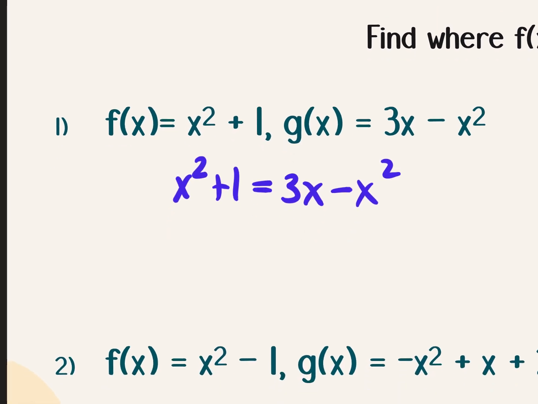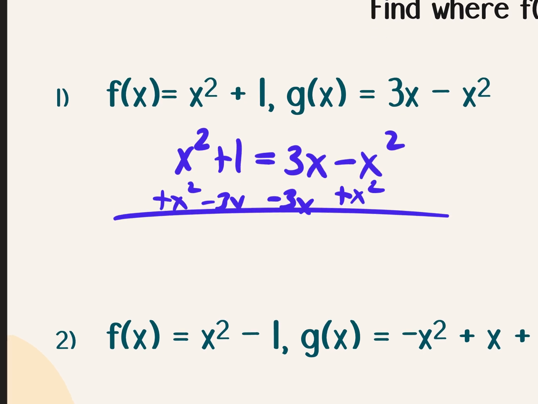What would I do in this case? Okay, we're going to add x squared to both sides. What else should we do? Let's subtract the 3x from both sides too. Since this is a quadratic, we just want to move everything over. So x squared plus x squared is 2x squared minus 3x plus 1 equals 0.